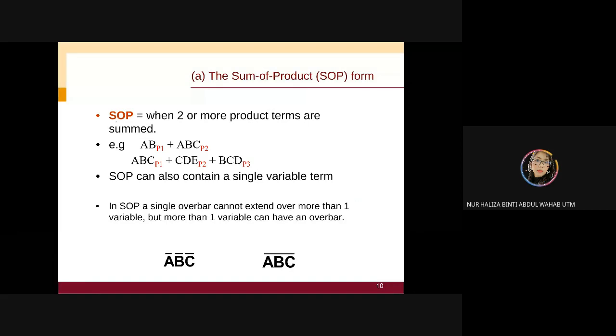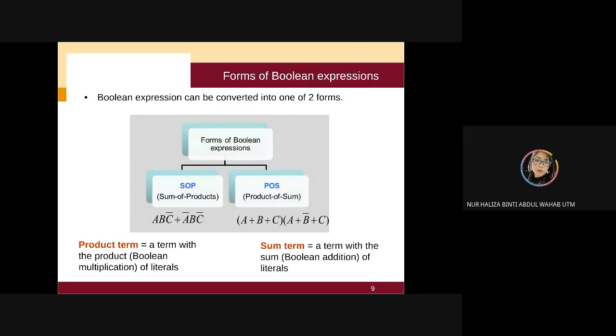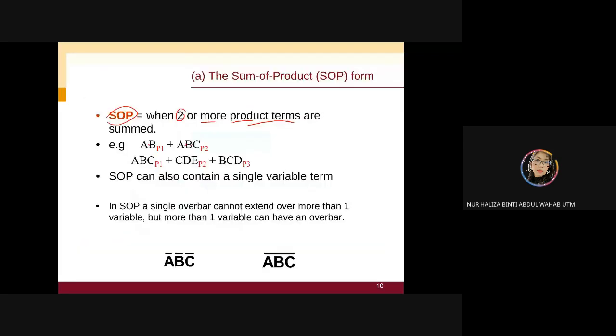So you can see SOP happens when two or more product terms are summed. A product term is a multiplication of Boolean literals. Here this is one product term, this is another product term, so you sum the two. In this example, it is three product terms you add together. SOP can also contain a single variable.